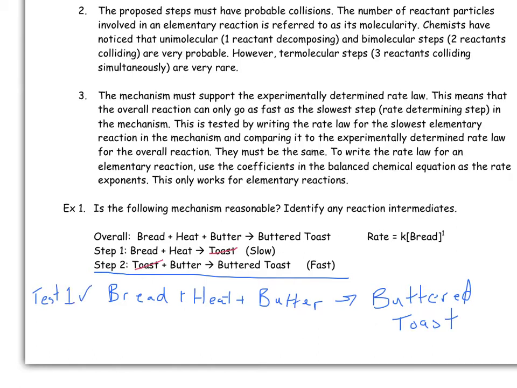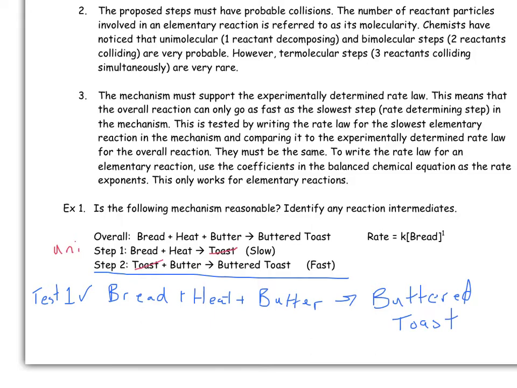Now for test 2, I look at each individual step and determine their molecularity. Because in step 1 there's only one chemical, bread, then this is described as being a unimolecular step. Now, unimolecular steps are very probable, so that step passes test 2.